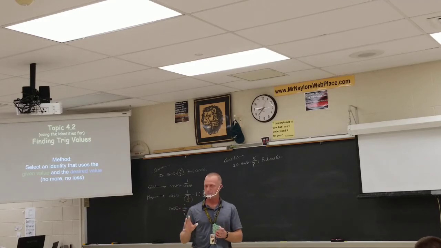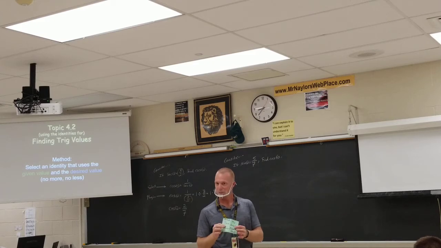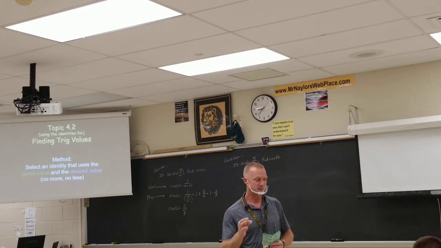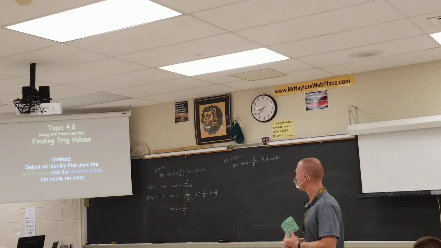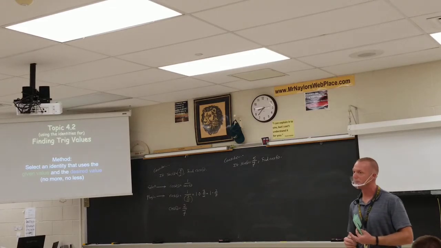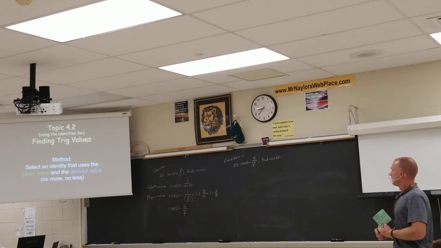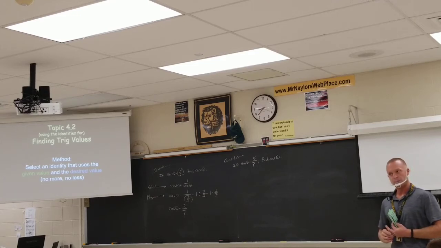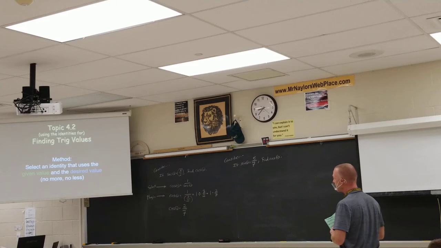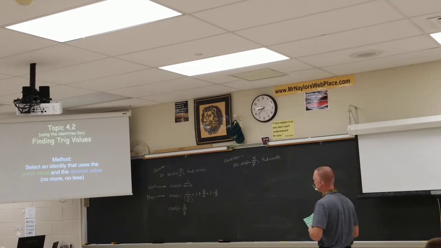Remember how the method is to look in your identity book to select an identity that uses, well, for this problem, that uses sine and cosine. Now think about that. You want to pick an identity that uses sine and cosine.